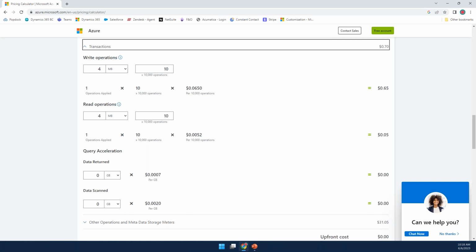Oftentimes, when we find scenarios where they have huge amounts of transactions, and maybe you're pulling it back by customer or vendor, or maybe it's a date range, we have a way of splitting these files out into their own little files and folders.